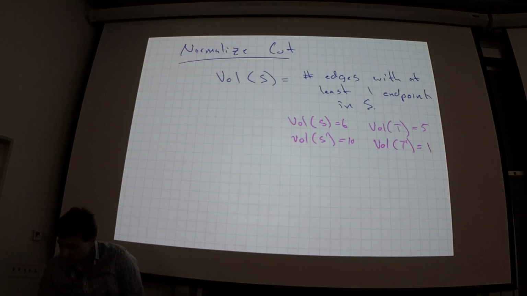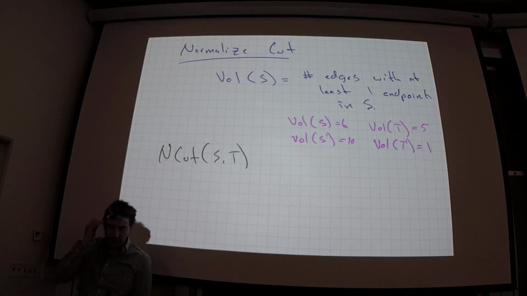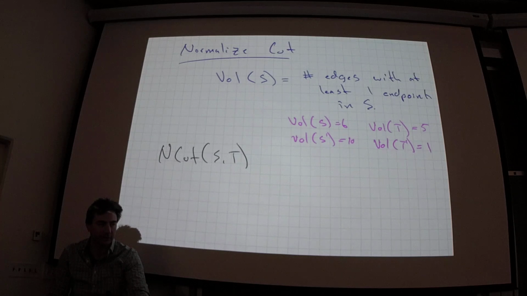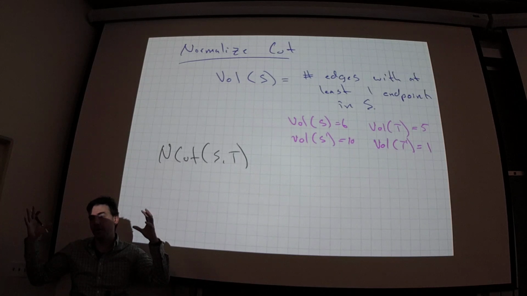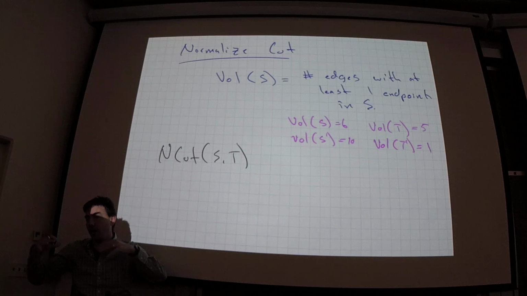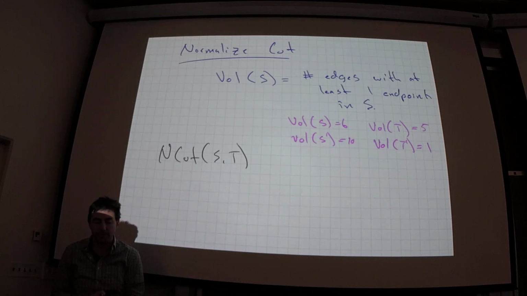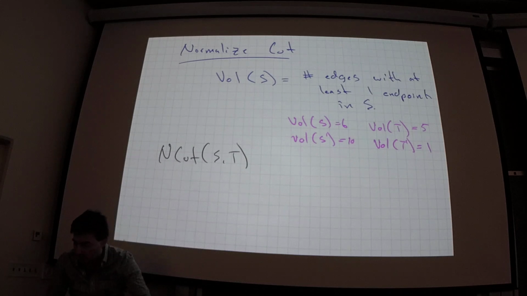Okay? And now I can define the normalized cut of S, T. There are a few ways that would make sense to do it. I want the cut to be small, but the volume of the minimum size to be large.